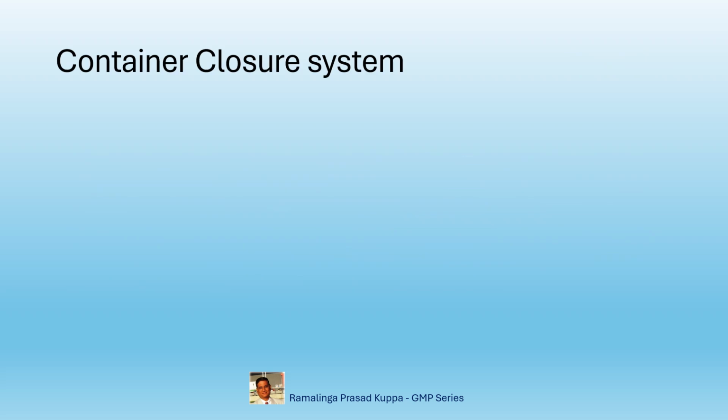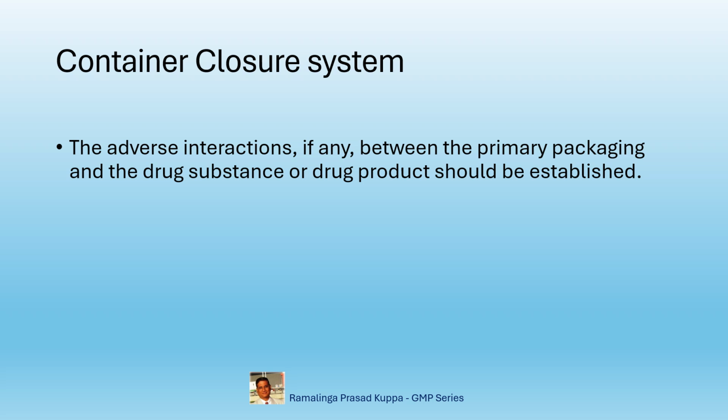Let us look into the container closure system. The adverse interactions, if any, between the primary packaging and the drug substance or drug product should be established. This point was referred to as a generic requirement in the earlier ICH Q1A R2 guideline.